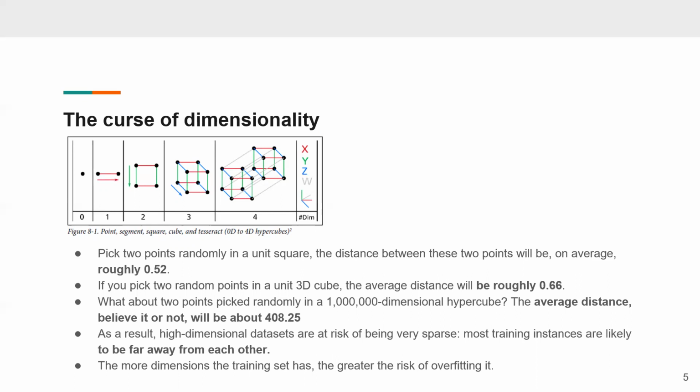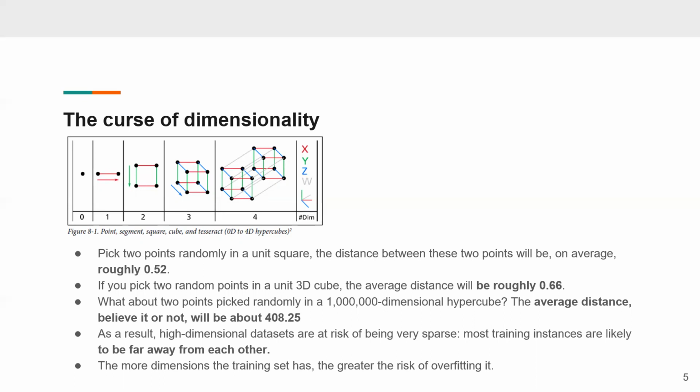All the points are very sparse, and if you build your machine learning algorithm, you have to pick some samples from the space so that you're able to build your model. Since the points are really far away and a lot of them are located near the border of the unit square in higher dimensional space, when you pick a sample, the sample turns out to be sparse, and the points are further away.